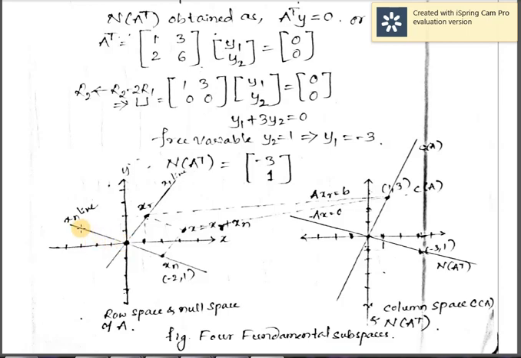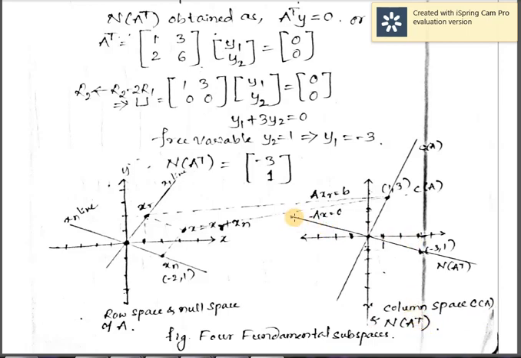If we join this line, it will run this way. When we project parallel to these two lines, taking a line parallel to xr and a line parallel to xn, and join them, we get x, and that x is equal to xr plus xn. Similarly, we can go for the projection of the column space and left null space.